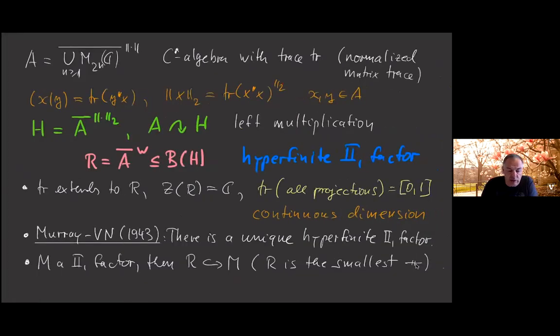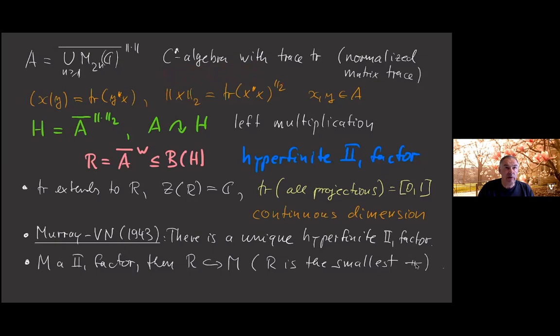You take the closure in the operator norm, if you like, then you get a C-star algebra. And this C-star algebra has, of course, a trace, which is just the extension of the normalized matrix trace to the closure of the algebra. Those of you who work in operator algebras know that this is called the UHF algebra of type 2 infinity. It's the uniformly hyperfinite algebra of type 2 infinity, which also appears in physics, the so-called CAR algebra.